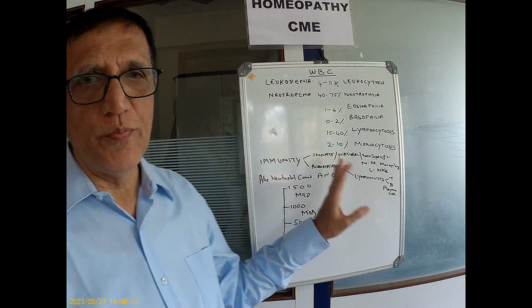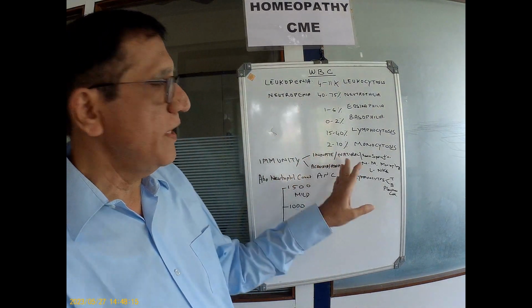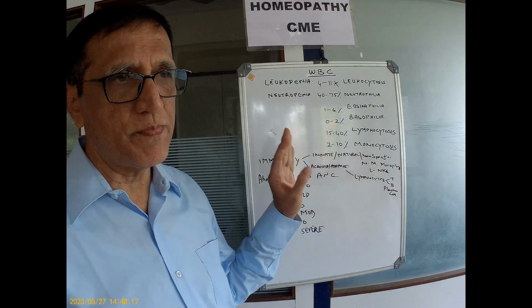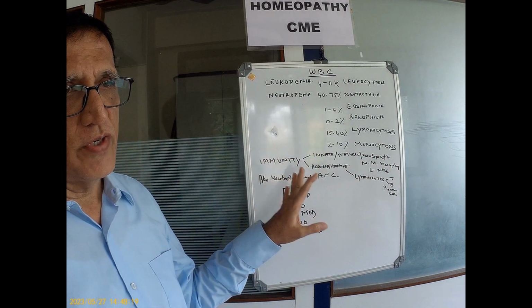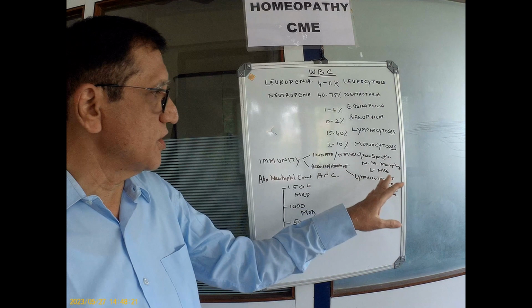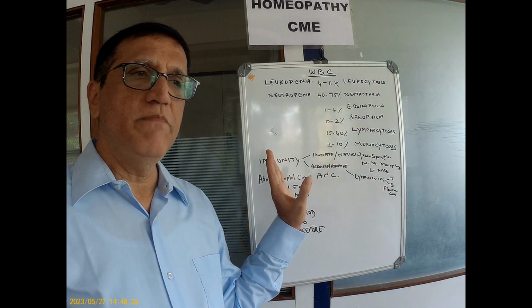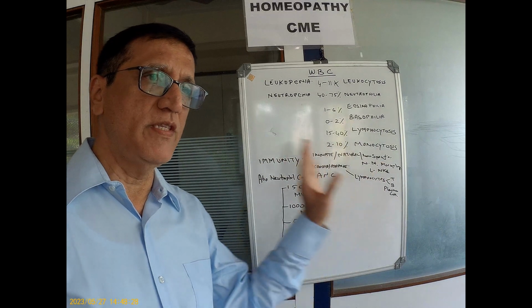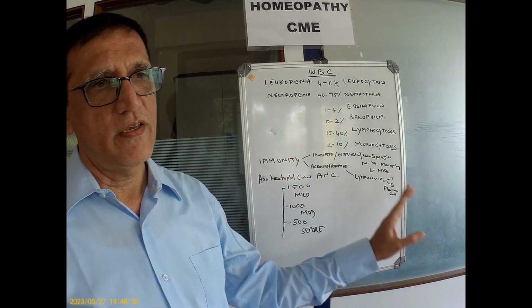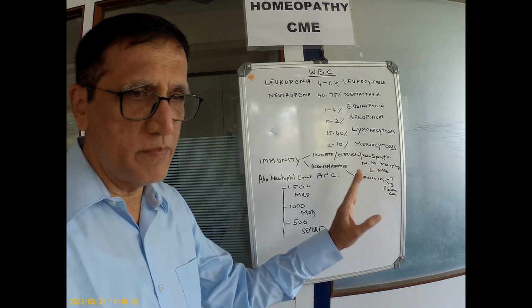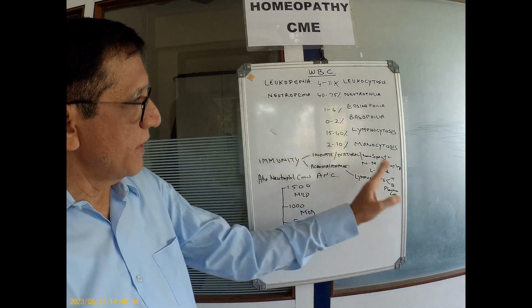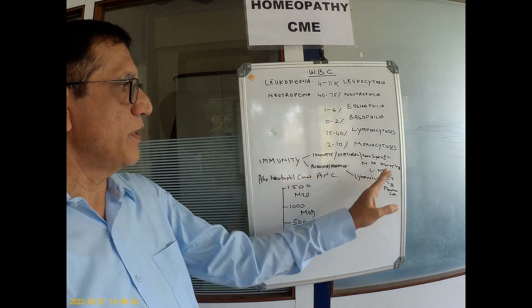We have two types of immunity. One is the innate, natural or non-specific immunity. It's an immunity which has been present since primordial time, even the most basic organisms in the animal kingdom have this immunity.